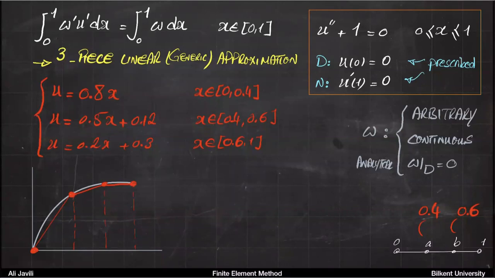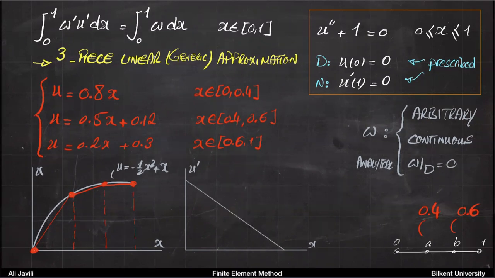But then again, more interesting than the function itself is to look at its derivative. So if you think of the derivative of the analytical function, remember the analytical solution here is u equals minus 1/2 x squared plus x. So if this was u versus x, now u prime versus x is minus x plus 1, as we discussed before. So that would be a line like this.